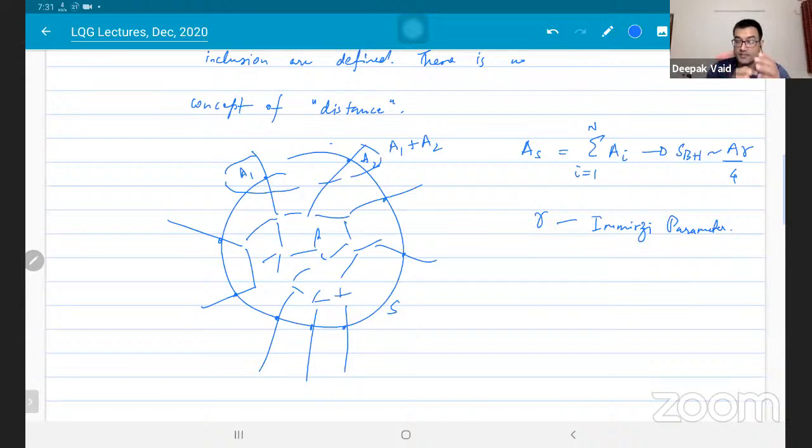So this is the entropy of a black hole, a Schwarzschild black hole, right? And it's not an extremal black hole, and you can calculate it exactly in loop quantum gravity. And you can't do that in string theory. Even now, you can't do that, right?